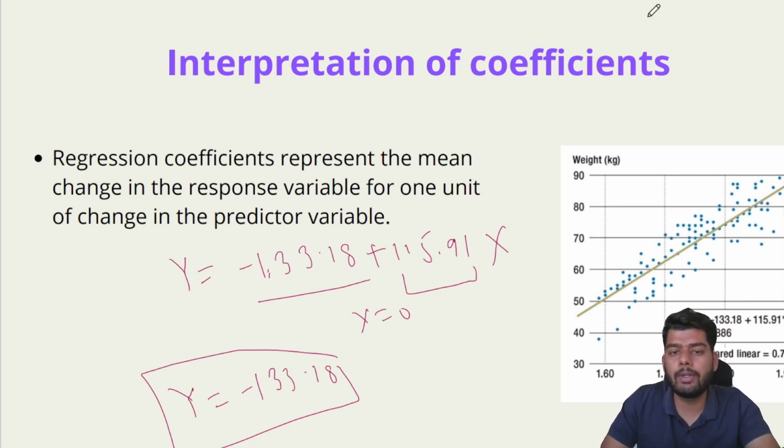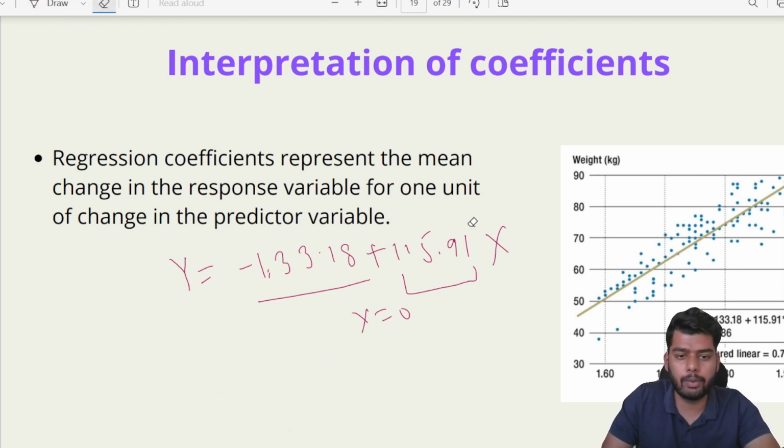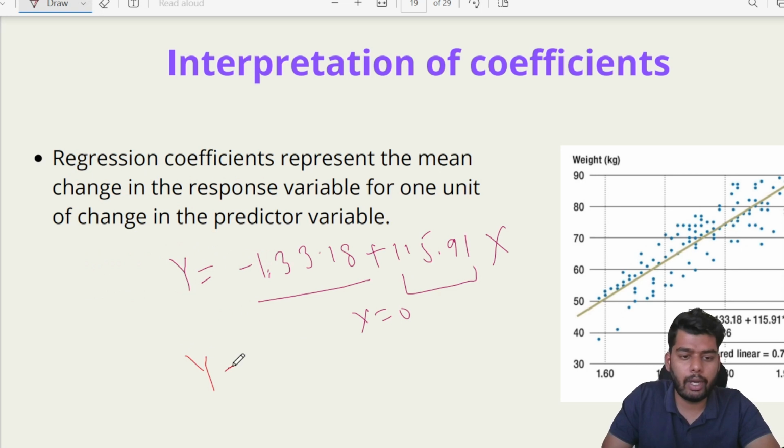Now what is the interpretation of the estimated coefficient b? To understand it, we know that y is equal to minus 133.18 plus 115.91 x, and we will just increase x to x plus 1.